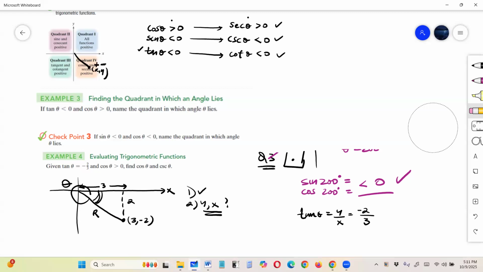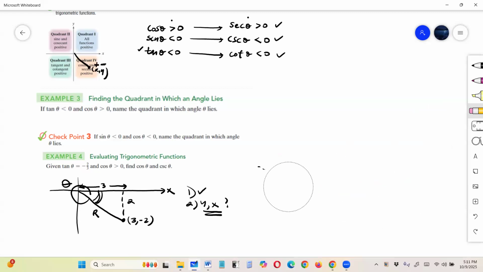Now we can find r using the Pythagorean theorem. I'm going to erase this, I don't need it anymore. The Pythagorean theorem says hypotenuse squared equals 3 squared plus 2 squared. So obviously this is 9 plus 4, 13. So take the square root of both sides. I have r equals radical 13.